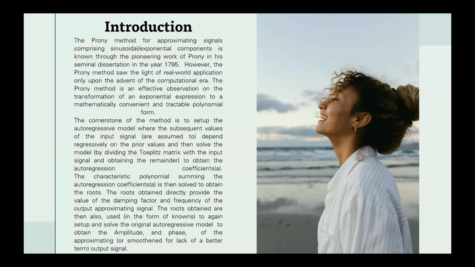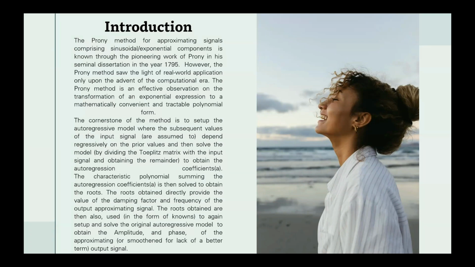Now, once the autoregression coefficients are obtained, the characteristic polynomial is solved for the roots, and the roots give the damping factor and frequency of the output signal, which is the Prony approximation of the original input signal.